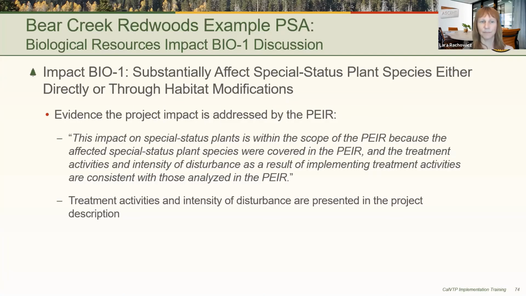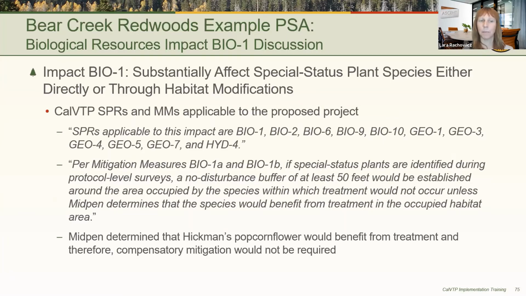Next slide. The next step is to include the SPRs and mitigation measures from the CalVTP that are applicable to the proposed project. For the Bear Creek Redwoods example, there are several SPRs that are applicable to the project regarding avoidance of suitable habitat where feasible, biological resources training for workers, surveys for special status plants, and several others.